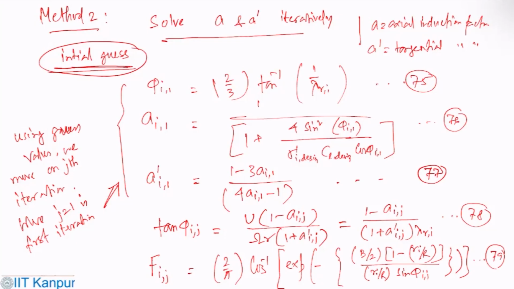Now what we need to estimate is CL ij and CD ij from airfoil lift and drag data.